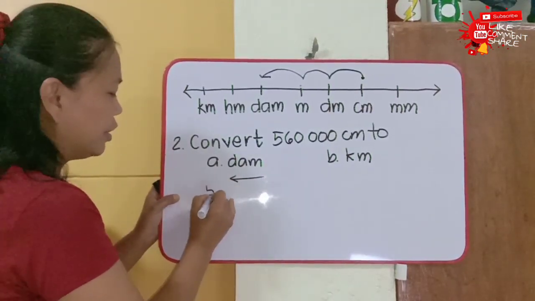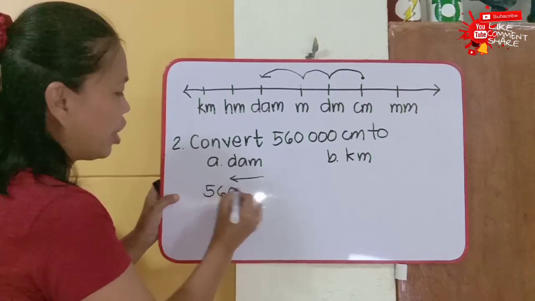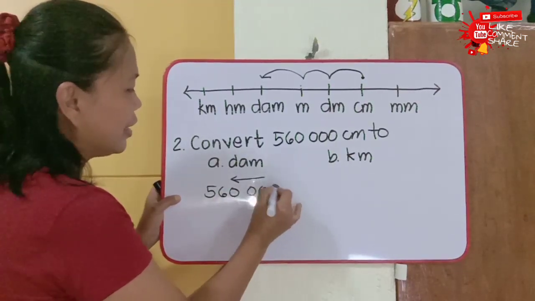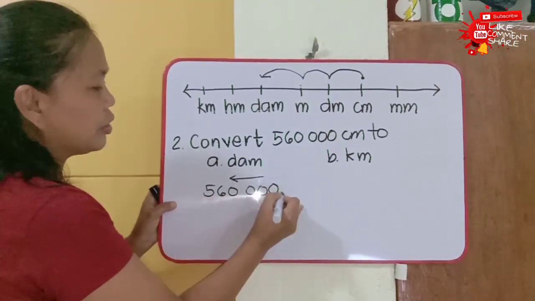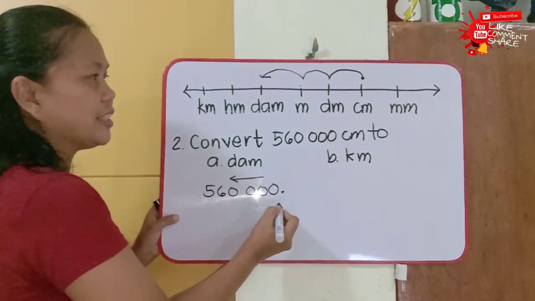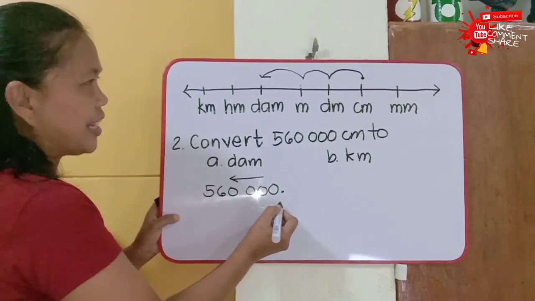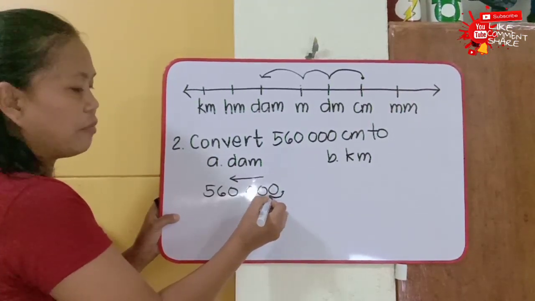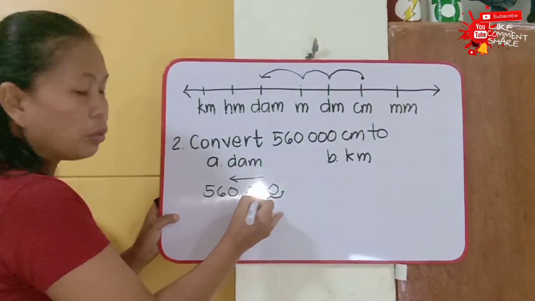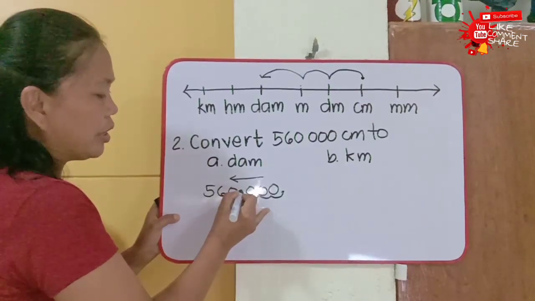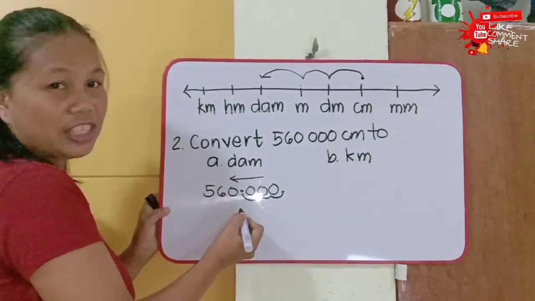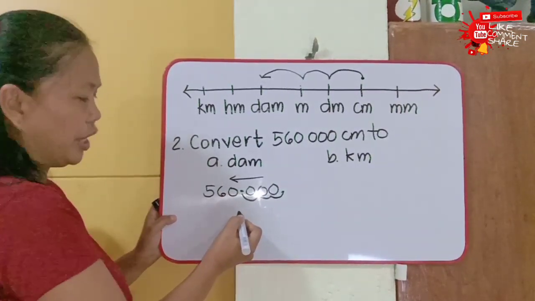So we will move the decimal point of 560,000. Since this is a whole number, this will be the location of the decimal point. We will move 3 decimal places to the left: 1, 2, 3. This will now be the new location of the decimal point.